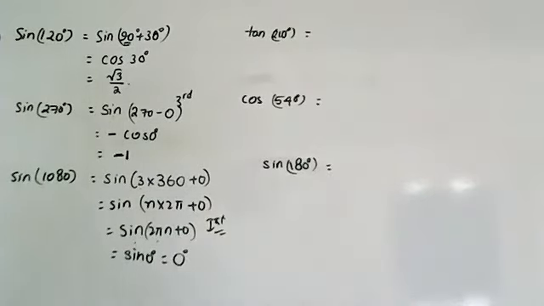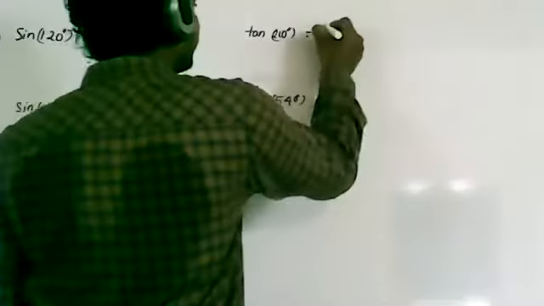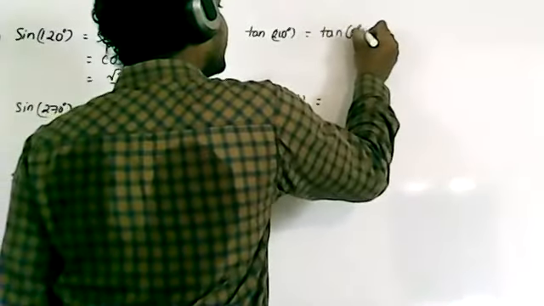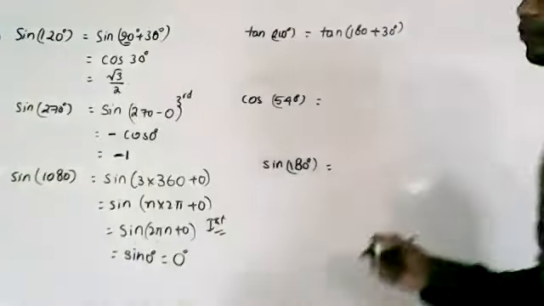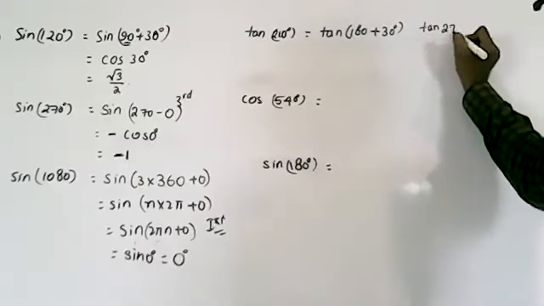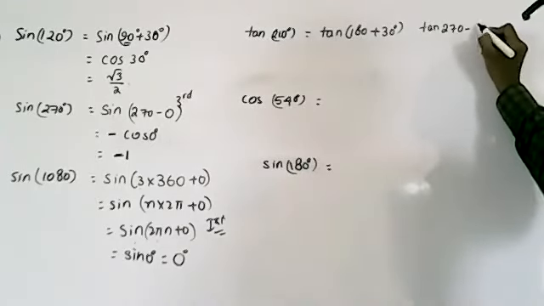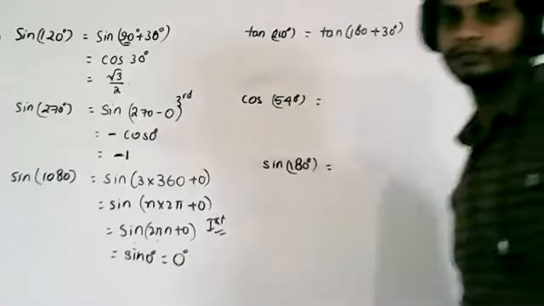Now what is tan 210? Tan 210 can be written in two ways. For example, you can take this as tan 180 plus 30, or you can write tan 270 minus 60.